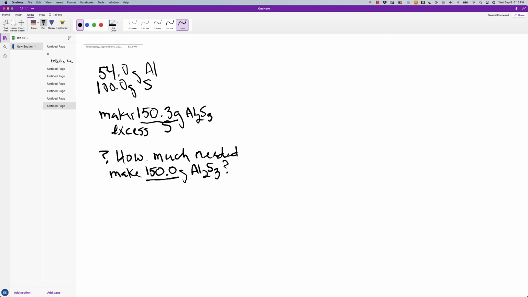Okay, we have everything here that we need. So let's start with the ratio. Okay, we have 150.3 grams of aluminum sulfide. We know that we used 54.0 grams of aluminum, all the aluminum. When we subtract that, it tells us that we used 96.3 grams of sulfur, okay, for this first reaction. 96.3.